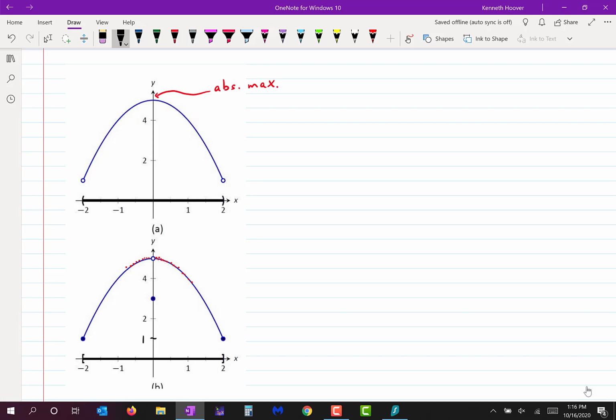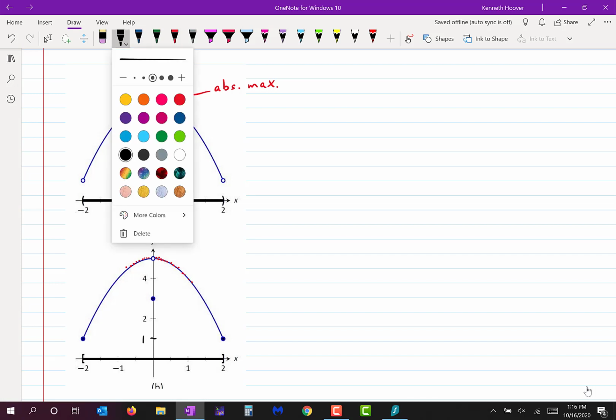But there is something called the extreme value theorem. Let's write it down.